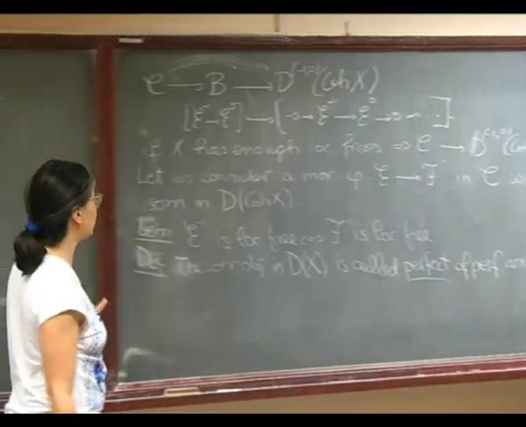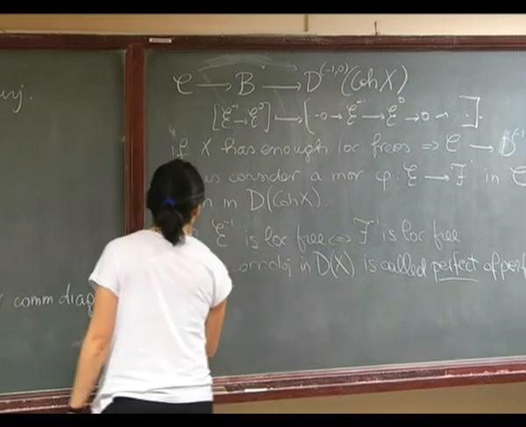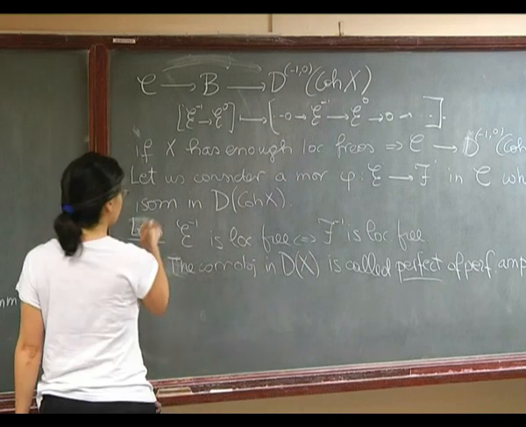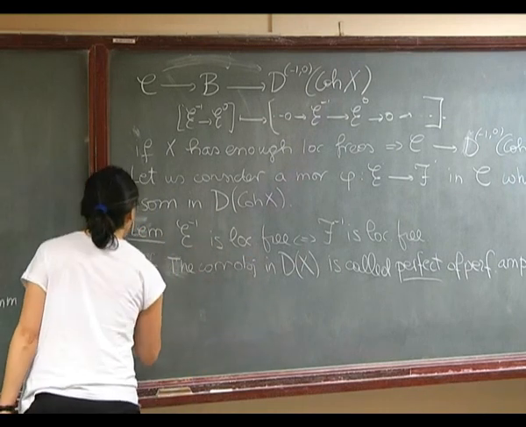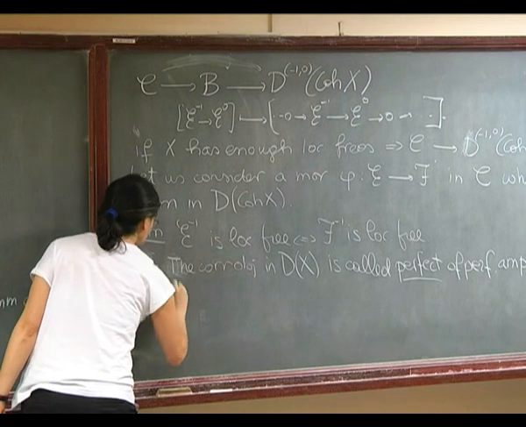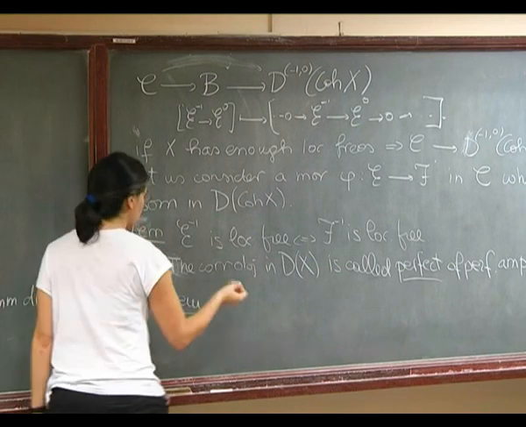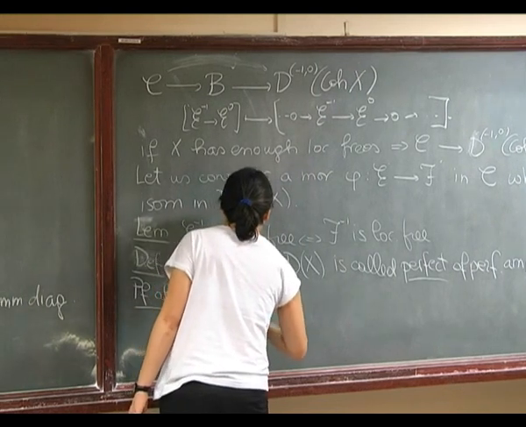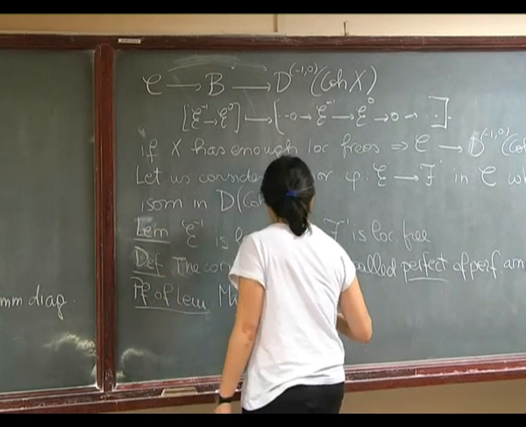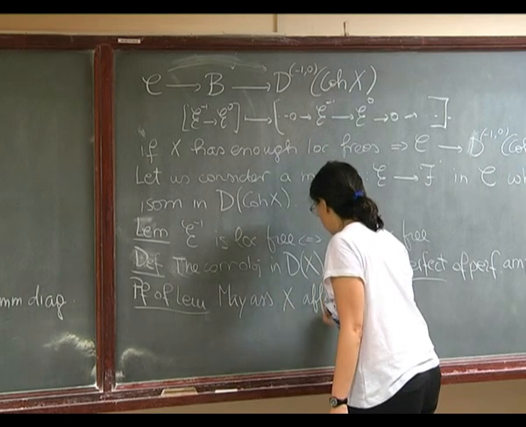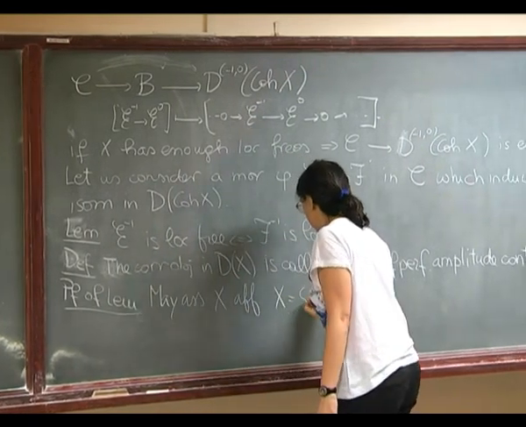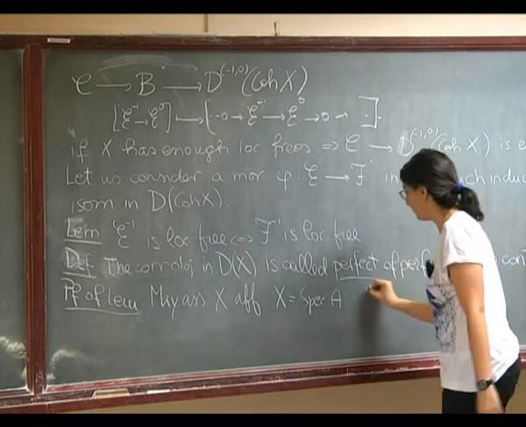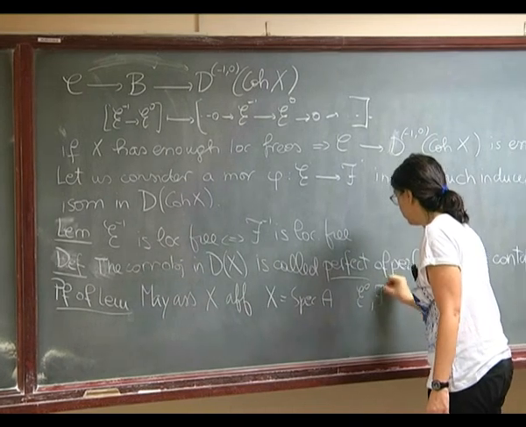So how do you prove the lemma? Well, the lemma is local, the condition is local. So you may assume that X is affine, say equal to Spec A, and that E0 and F0 are free.